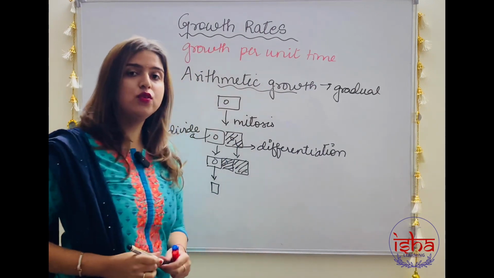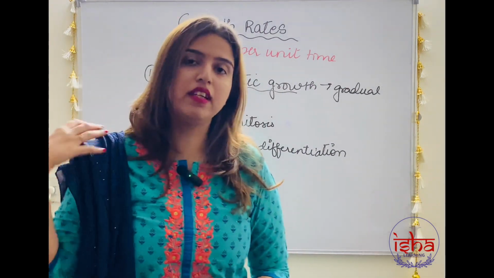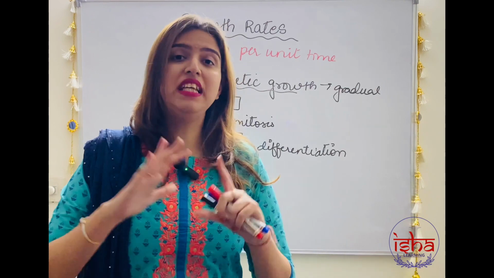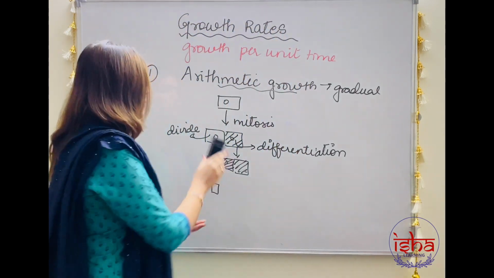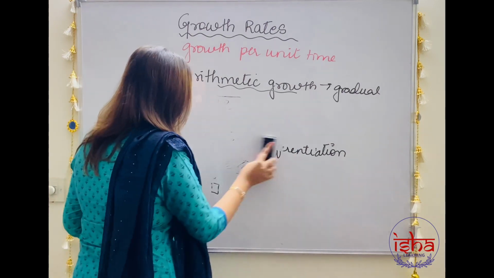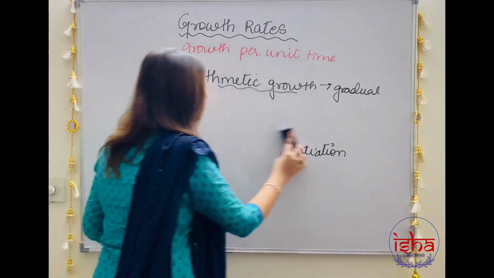Now, if we had to depict this situation graphically, we expect the graph to be linear. Why? Because cells are getting added step by step in a slow fashion. So let's plot a graph and see what we obtain.